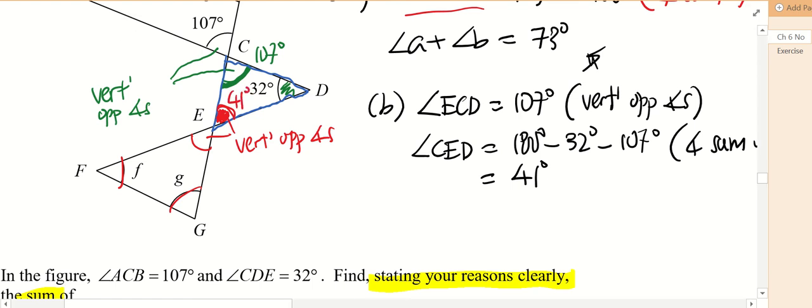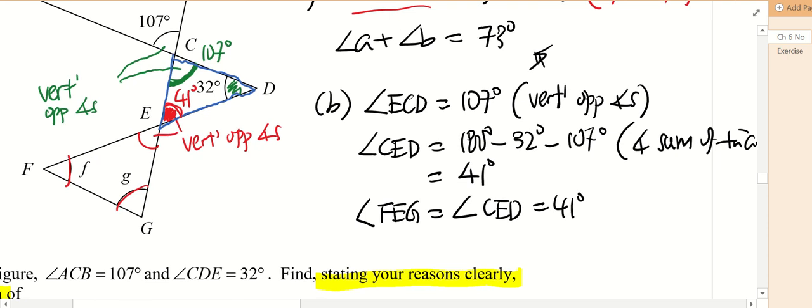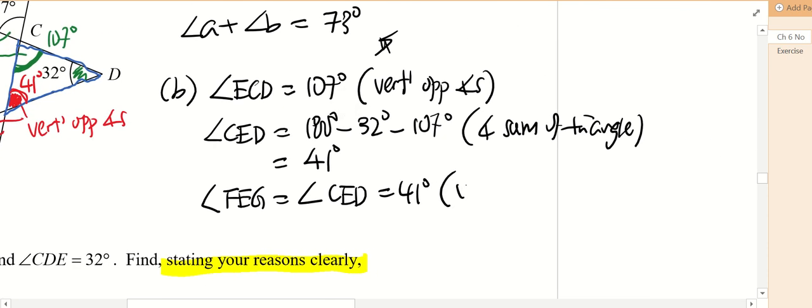And immediately we know that angle FEG equals angle CED equals 41 degrees. And how do we know that? Again, it's vertically opposite angles.